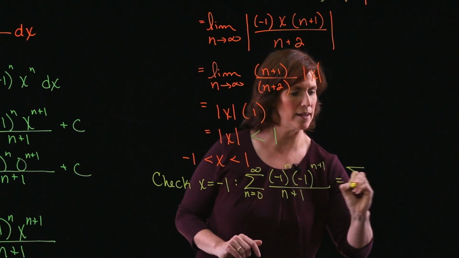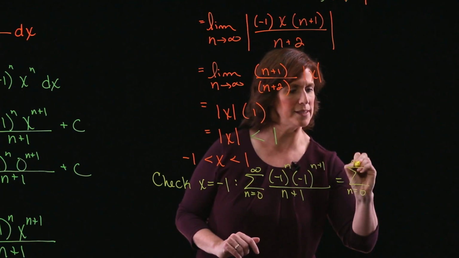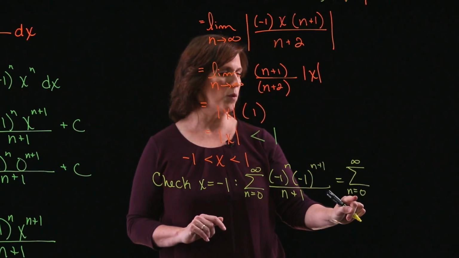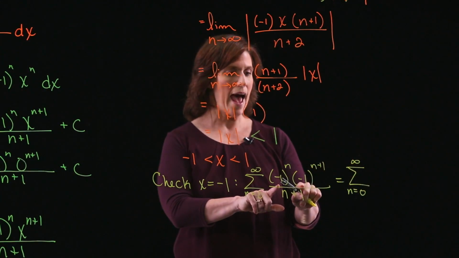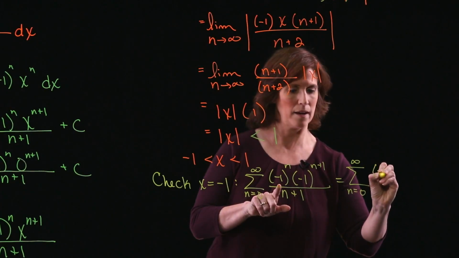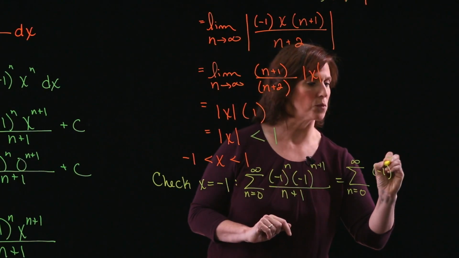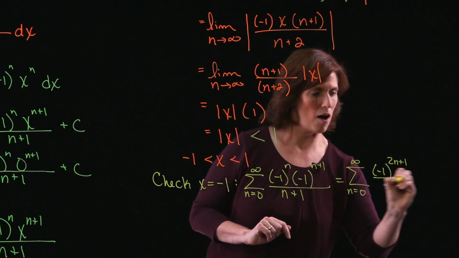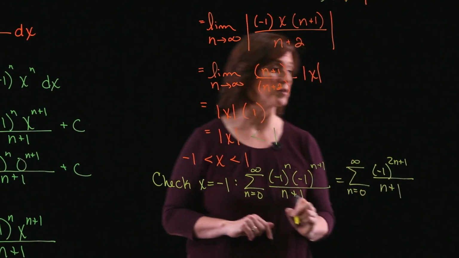This is the sum from n equals 0 to infinity of -1 to the 2n plus 1 all over n plus 1.